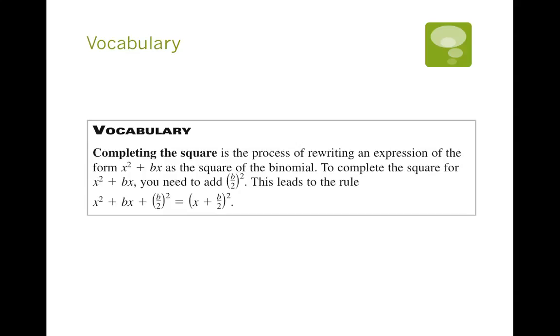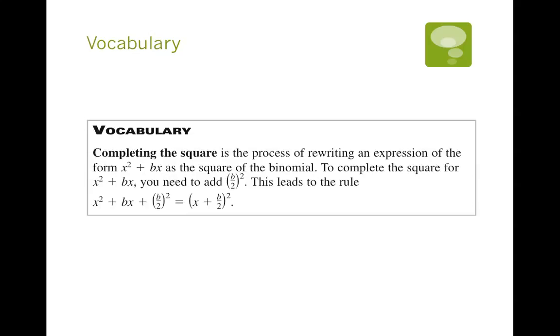Okay, so this is their way of saying take the coefficient on x, which was b, divide that by 2, take half of it, and then square that. And if you do that, then you get x squared plus bx plus half of b squared. That can then be rewritten as the square of a binomial, which is going to be x plus b over 2. Just like his a that he was talking about in the video. That a comes from taking half of b.